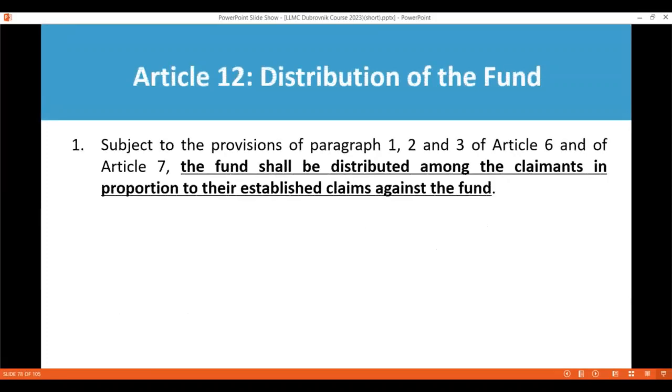The fund is not distributed equally, but it's distributed equitably. It's based pro rata on the claims as established against the fund.